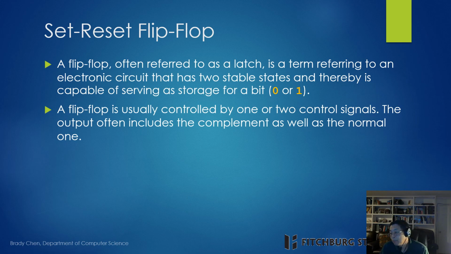Now, a typical flip-flop is usually controlled by 1 or 2 control signals, and normally we have 2 outputs, and these 2 outputs often include the complement as well as the normal one. So if one output gives you the value 1, the other one gives you 0, or vice versa.